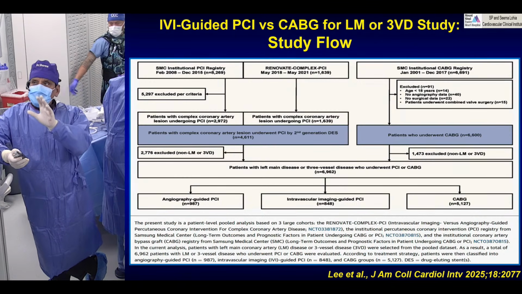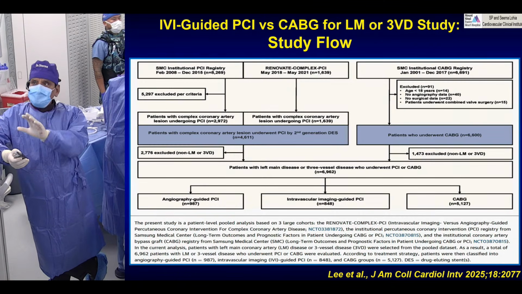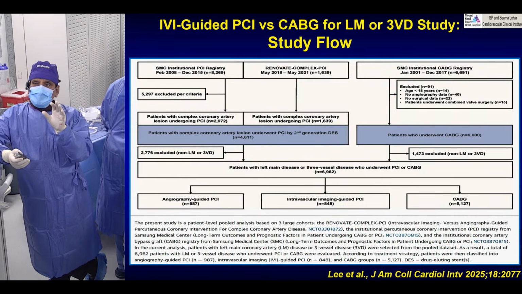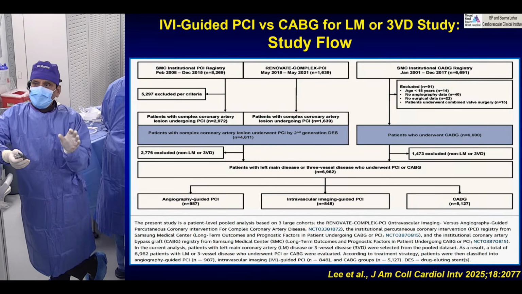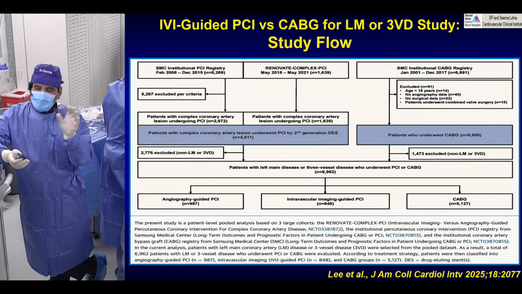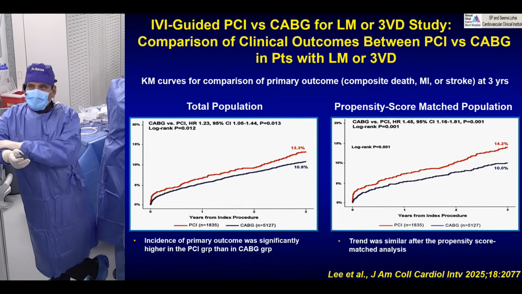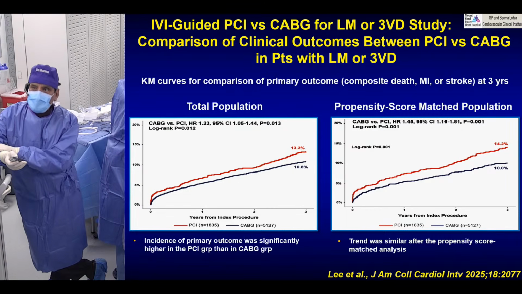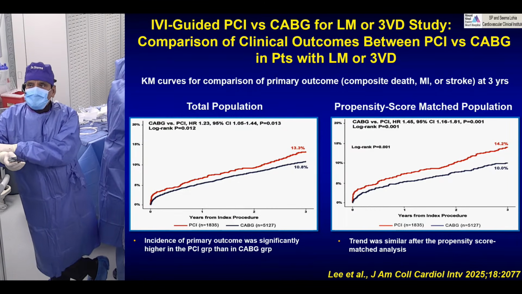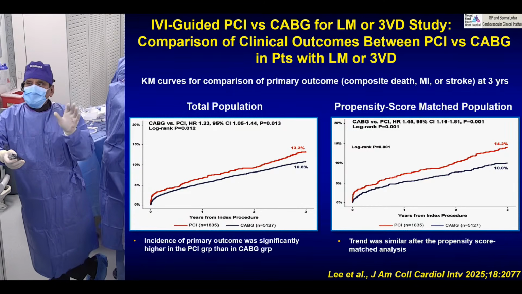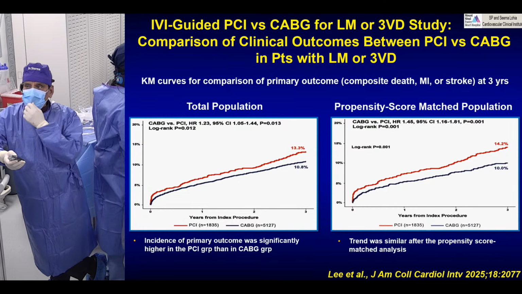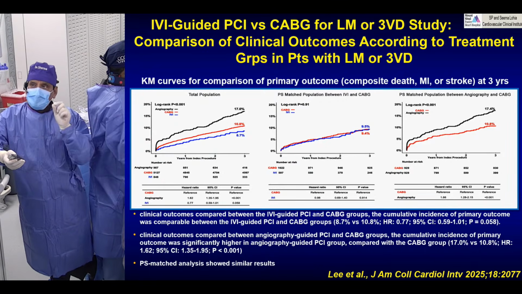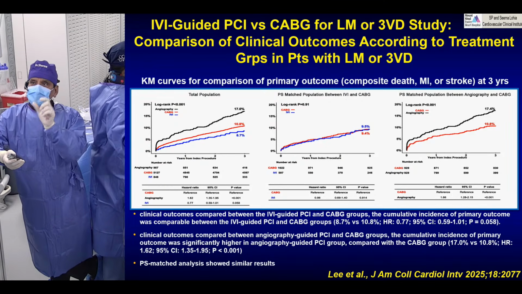So all three centers, multicenter, institutional, combined angiography-guided PCI of about 1,000, intravascular-guided PCI of about 848, and CABG of about 5,000. It basically showed that PCI had a lower bad outcome, or I would say a higher MACE rate, compared to CABG. We understood that even with a propensity match, PCI has a higher event rate compared to CABG.